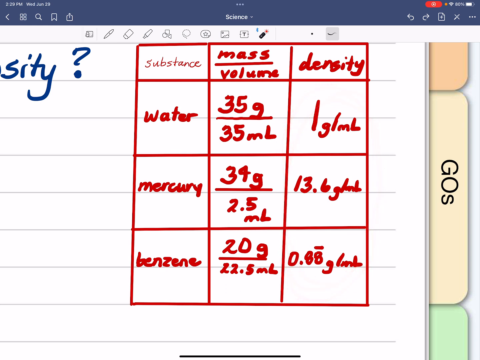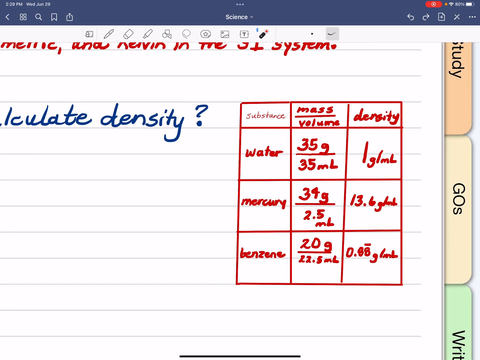Okay, so remember I told you that science and math are brother and sister? This is one example of that. So what I've done here, I've given you 3 substances. I have given you their mass and volume, and you have helped me calculate their densities. So now we're going to graph this picture.